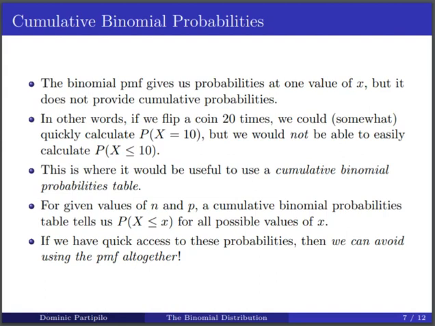We would have to take it one by one. We'd have to do P of 0 plus P of 1 plus P of 2 plus P of 3. And that's pretty time consuming. We can't easily calculate that using the binomial PMF.